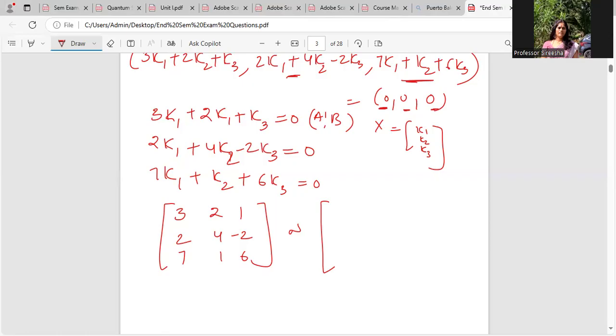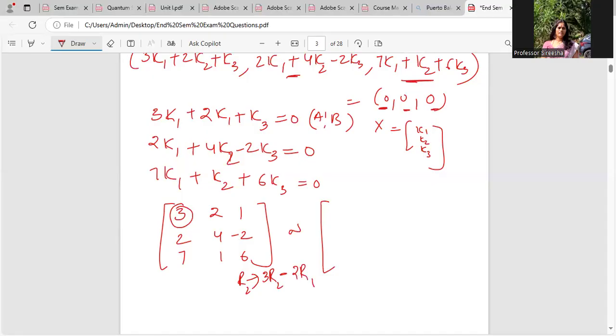The first element is my pivot. Below the pivot, I should have zeros. R2 has 2, and R1 has 3. Using the pivot, I have to reduce the second and third rows. So R2 I will multiply with 3, and R1 I will multiply with 2.